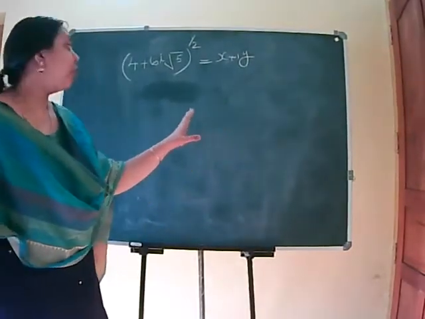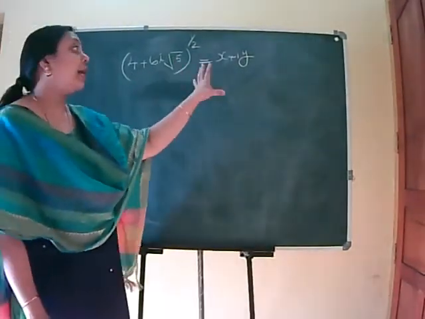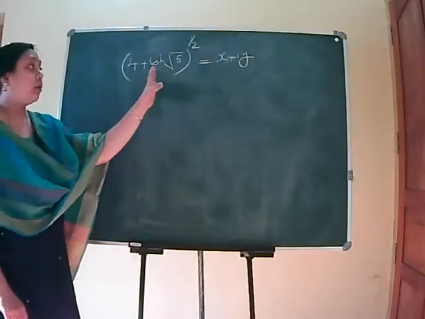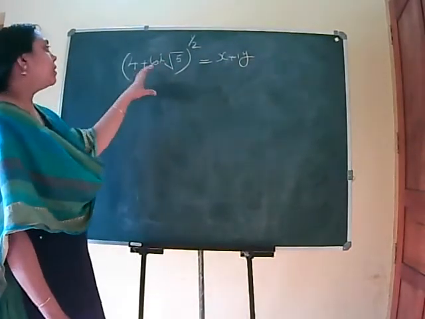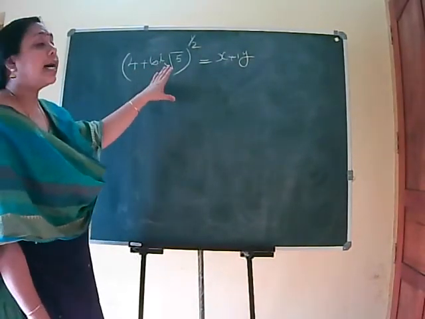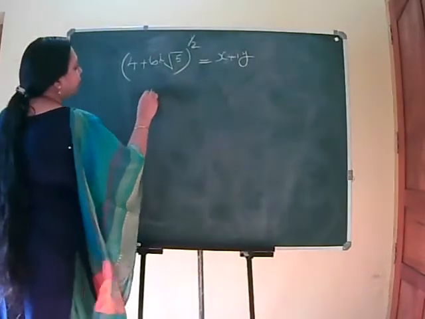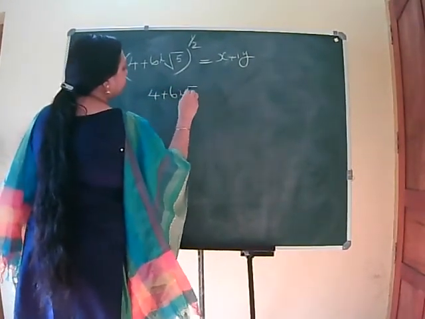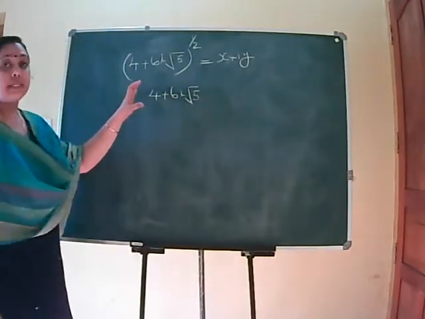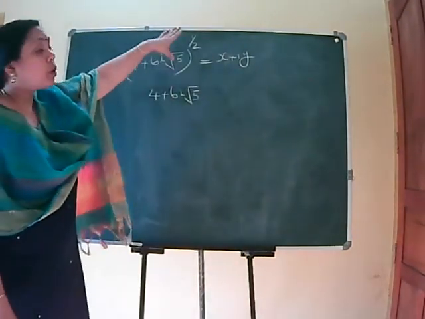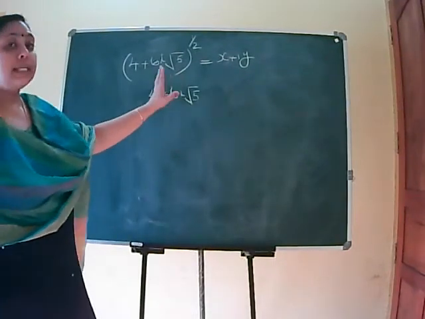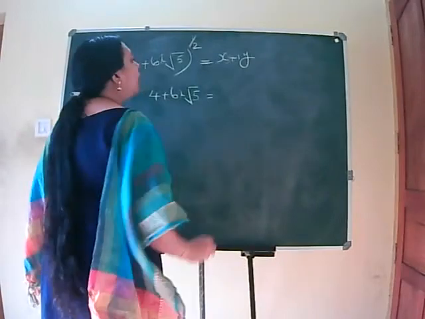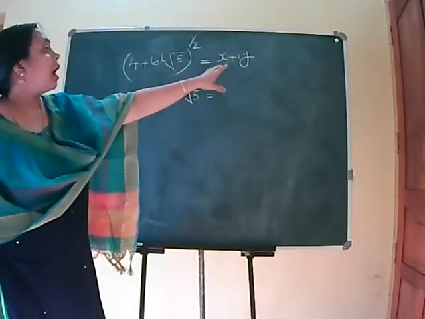So taking the square on LHS, it becomes 4 plus 6i into root 5. That is, the square of square root of a number is that number itself. Okay. Then take the square on RHS.